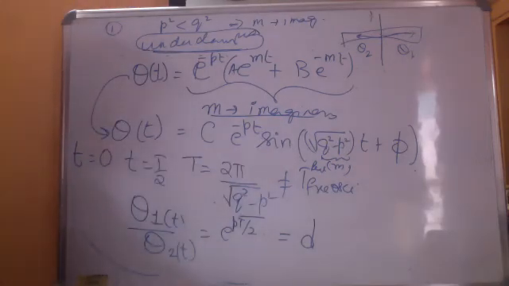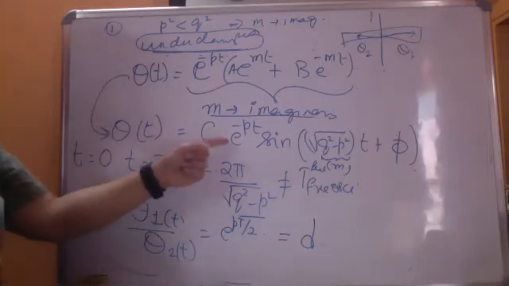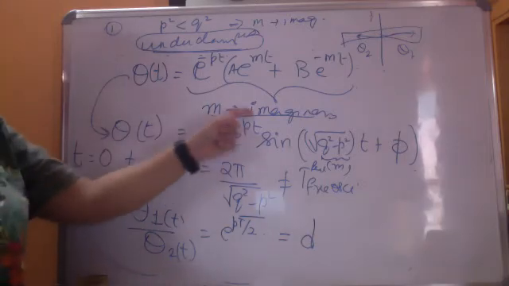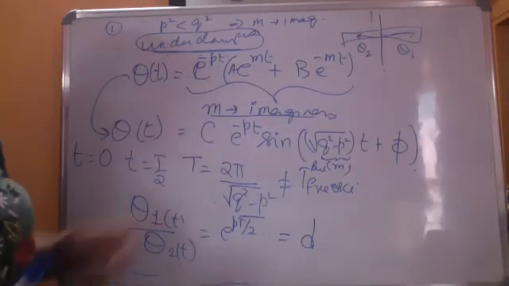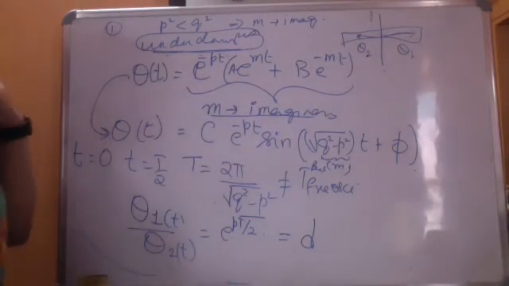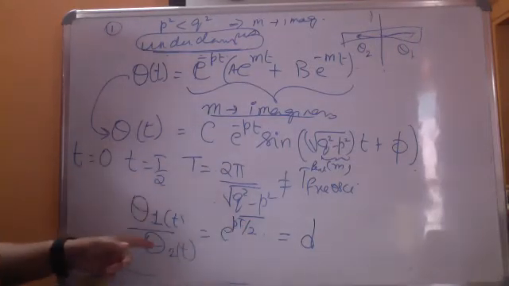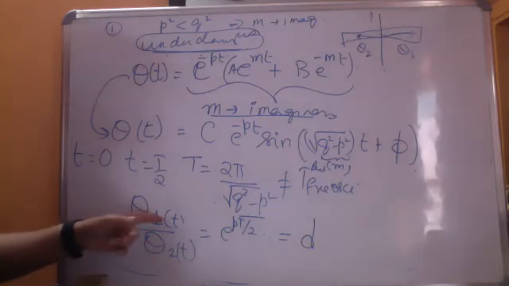It measures by how much, you see, consecutive thetas are going to decrease exponentially. So this is basically a measure of how much my theta 2 decreases exponentially with respect to my theta 1.